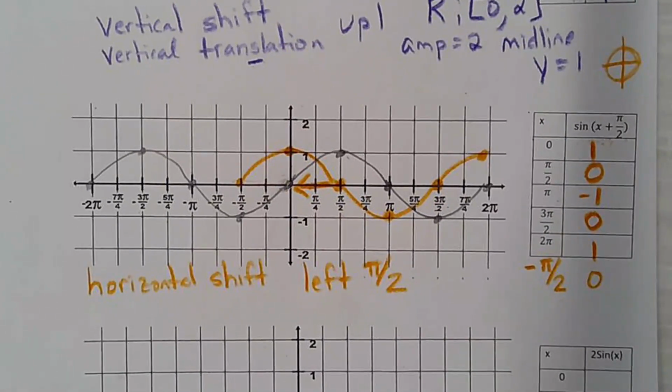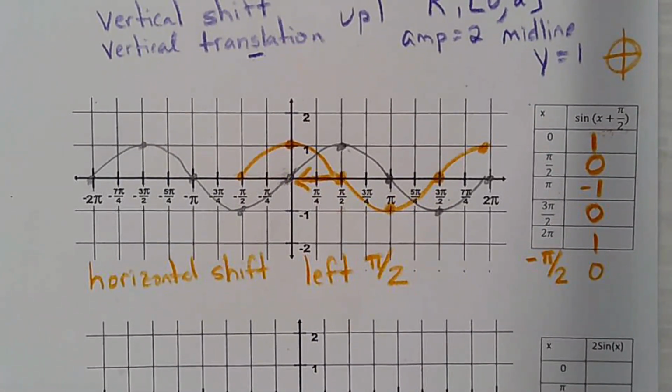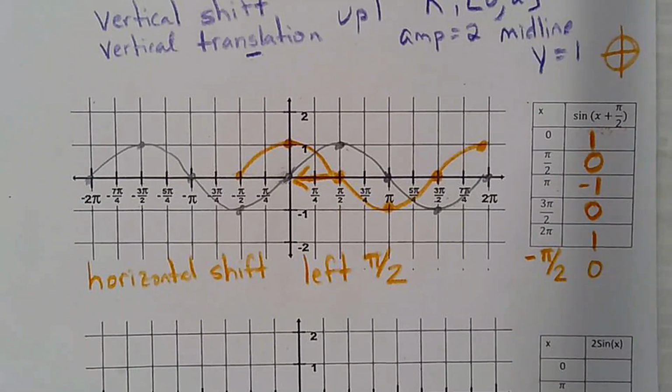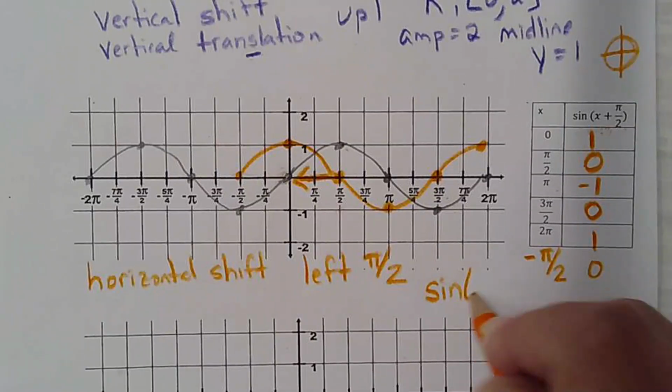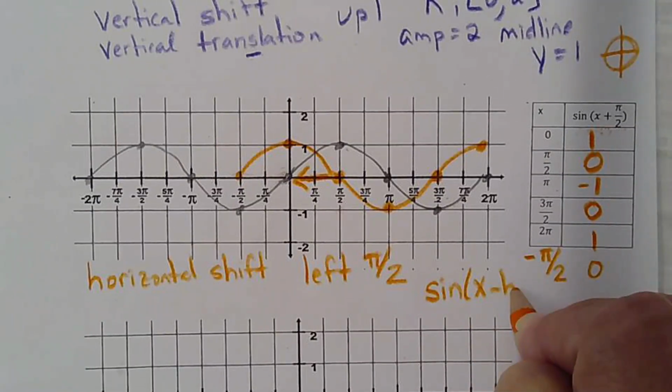All right, do you remember about horizontal shifts from Algebra 2? Now, some people think, oh, on the horizontal, it goes backwards because the rule for the horizontals is sine of x minus h.